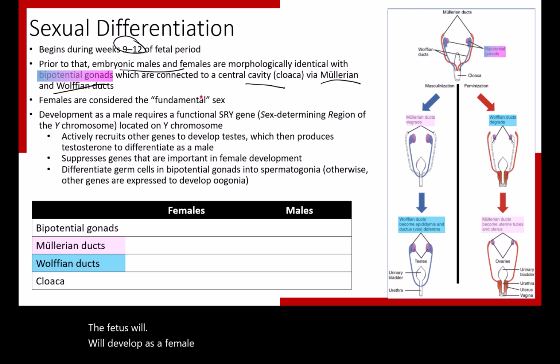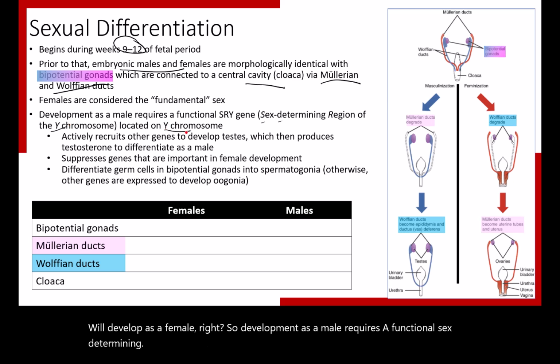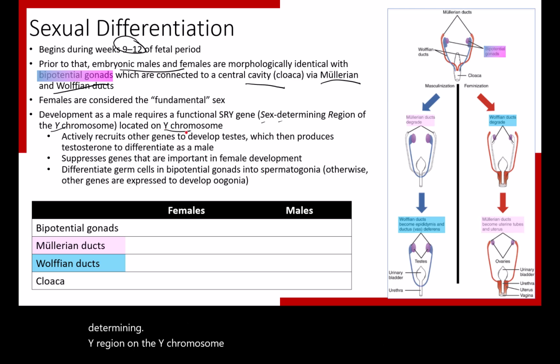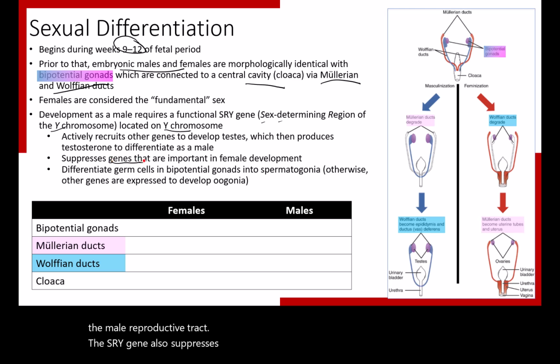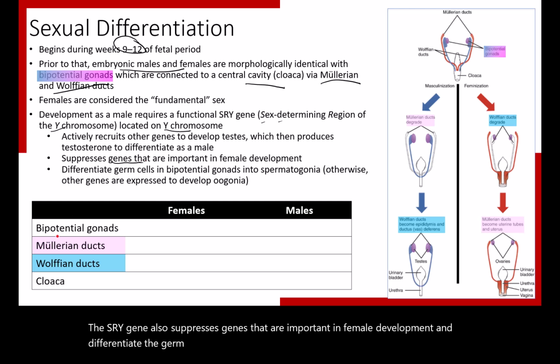So development as a male requires a functional sex-determining region on the Y chromosome, the SRY gene, that then actively recruits genes to develop into the testes, as well as producing testosterone to differentiate the bipotential gonads into the male reproductive tract. The SRY gene also suppresses genes that are important in female development and differentiates the germ cells in these bipotential gonads into spermatogonia.